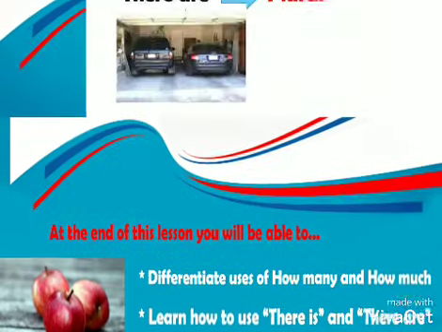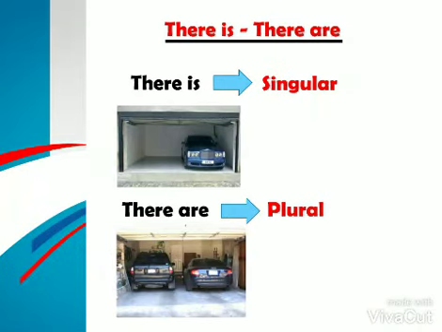Well, let's begin. Before talking about how many and how much, it's important that you know the difference between there is and there are. In Spanish, we use the word hay to express the existence of something. It doesn't matter if we are talking about several things or just one.